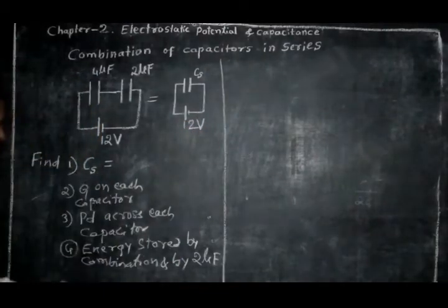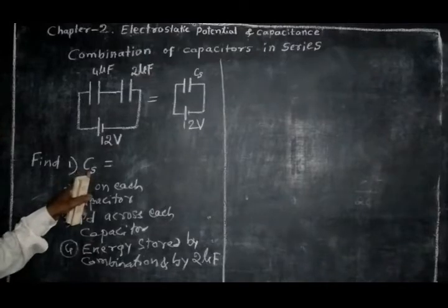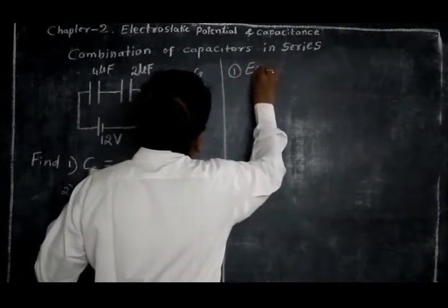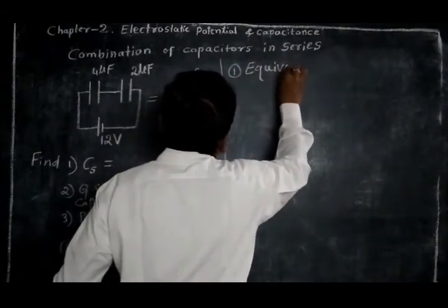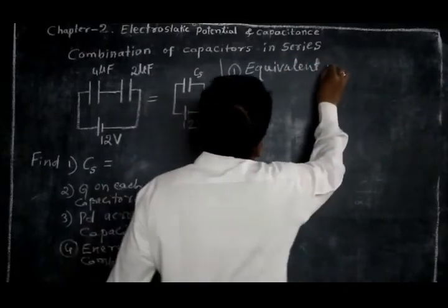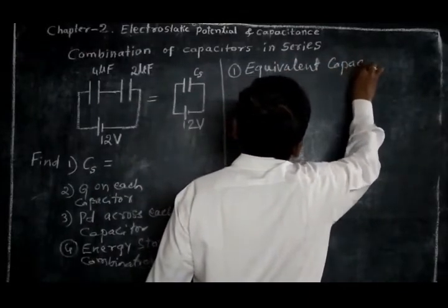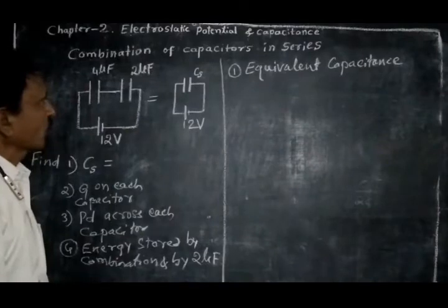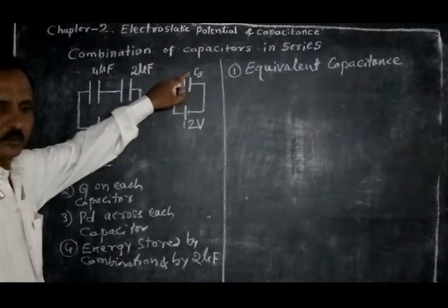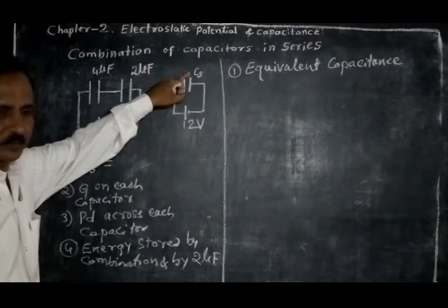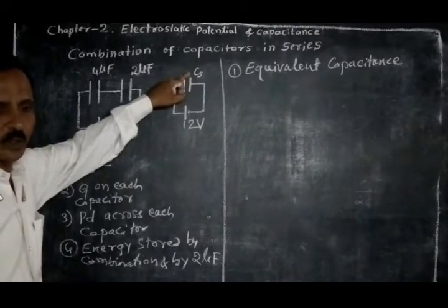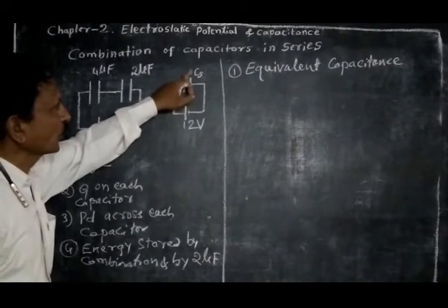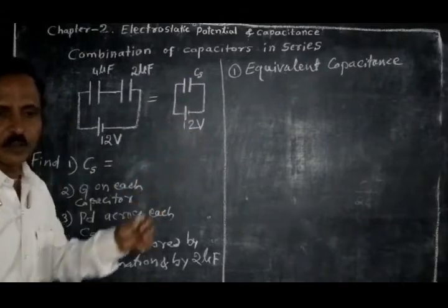Then what is equivalent capacitance? Number 1, equivalent capacitance Cs equal to, according to the formula, C equal to Q by phi.